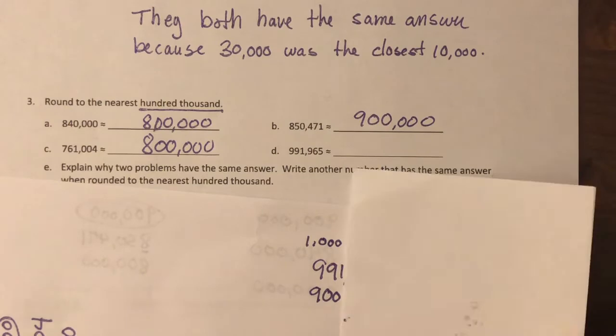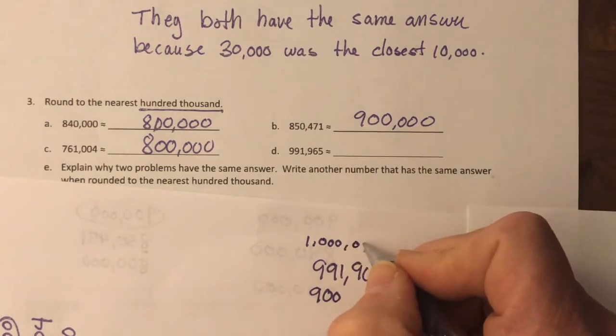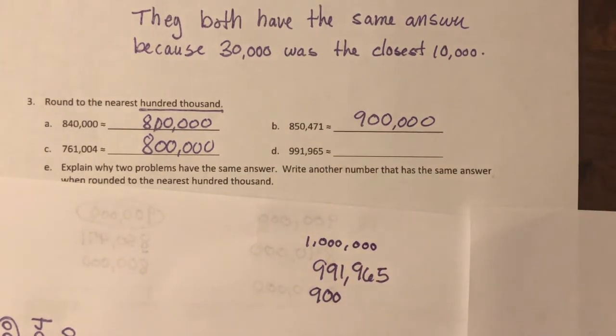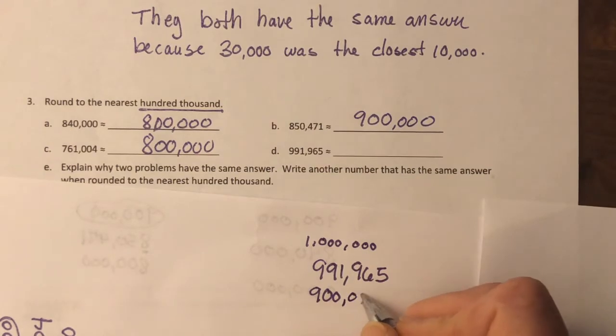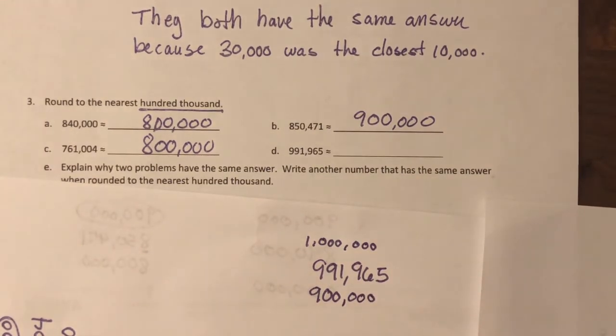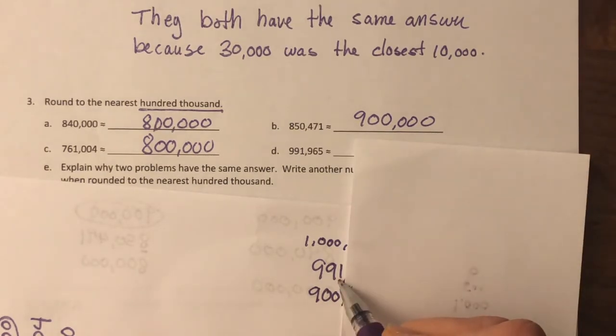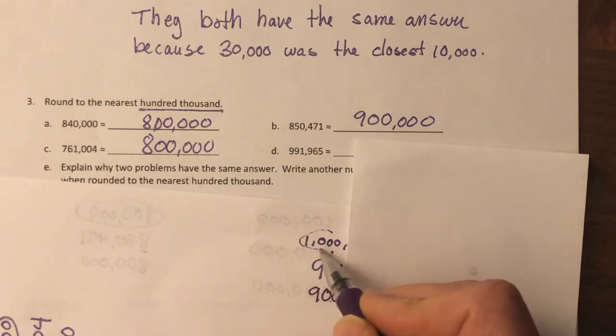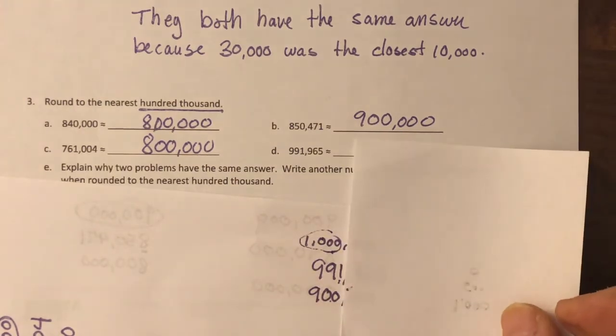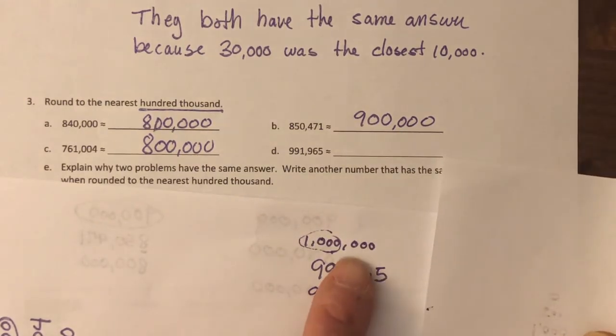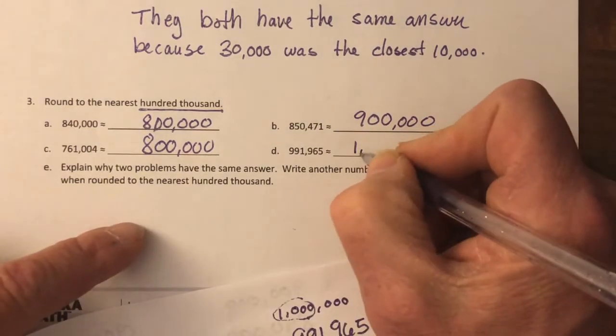This is 1,000 thousands, which is 1,000,000. Okay? And down here is 900,000, which stays there. Now I just look back at there. 991. Is that closer to 900 or 1,000? And the answer is closer to 1,000. But it's not just 1,000. It's 1,000 thousands, which is 1 million, I'm sorry, okay? 1 million.